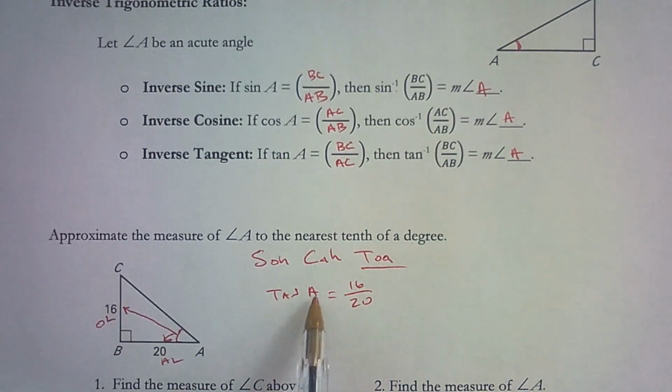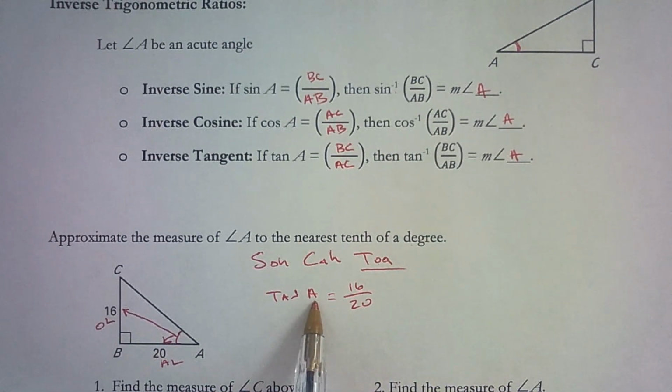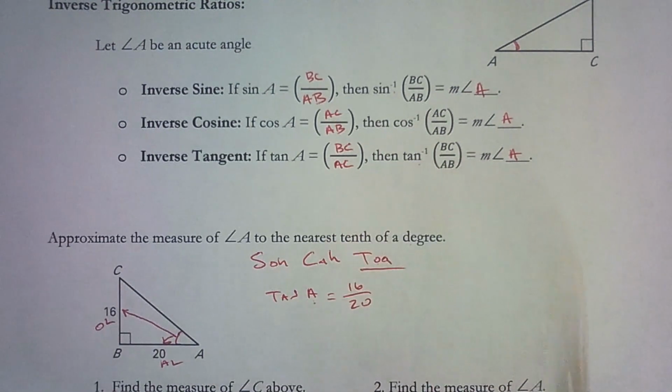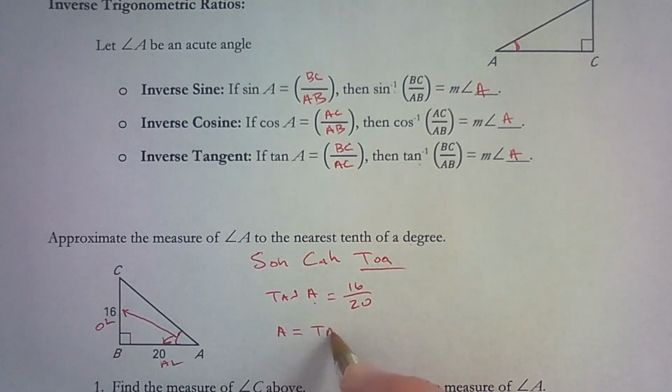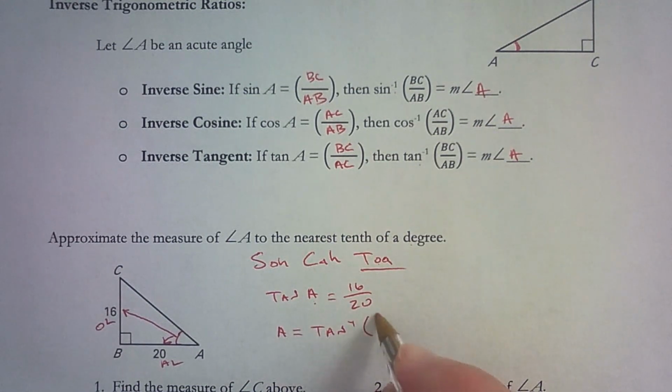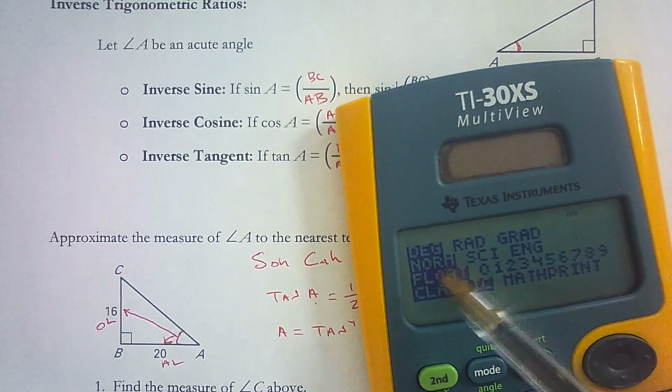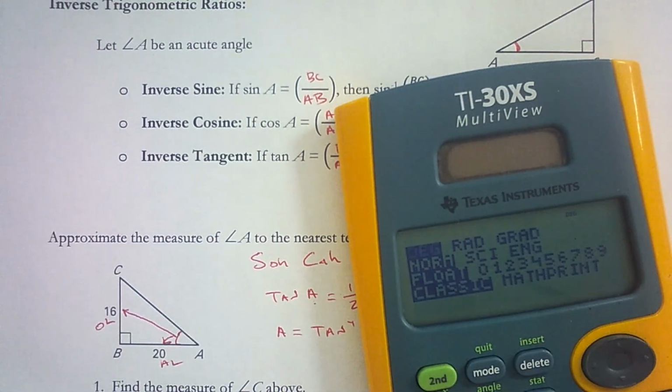And anytime the variable is the angle measure, what we can do is use an inverse trigonometric function. So that means that A is equal to the inverse tangent of 16 over 20. Okay, so in our calculators, we make sure we are in degree mode.